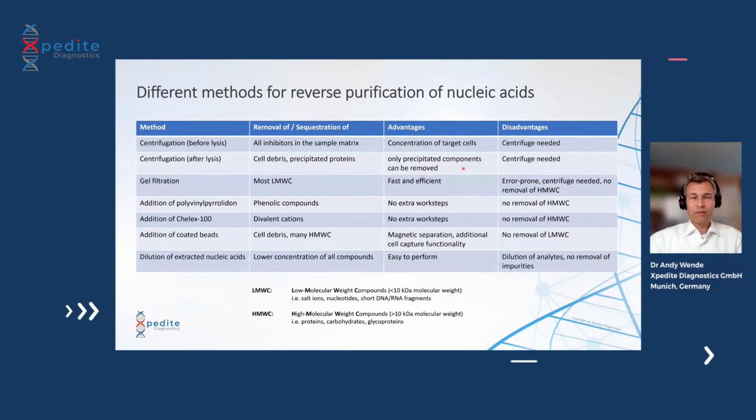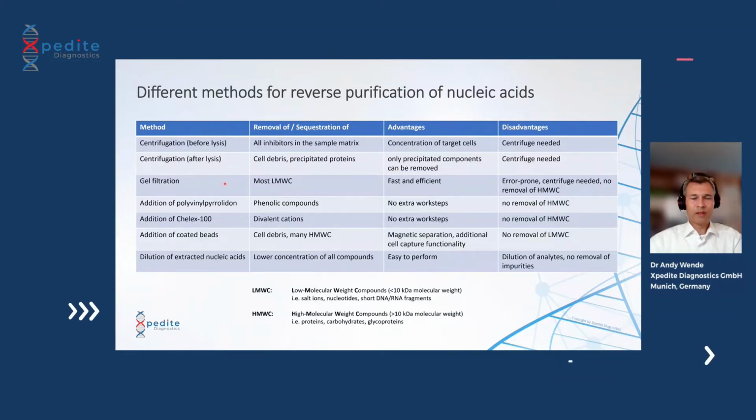Advantage, it works also quite well, provided that these components are precipitable. Also you must be able to spin them down. And the disadvantage, again, is, of course, the need for a centrifuge.